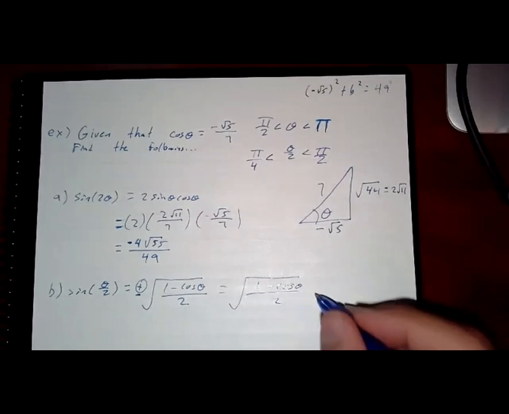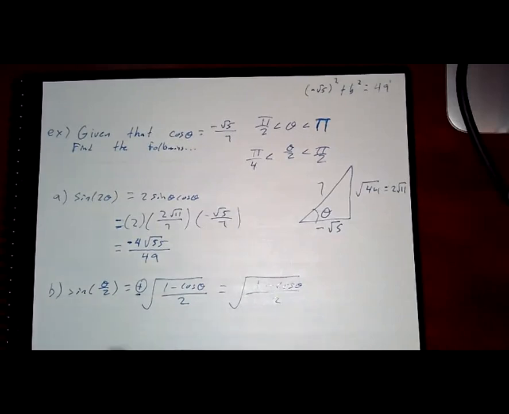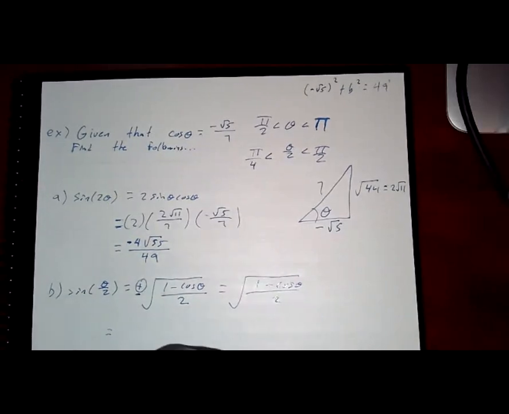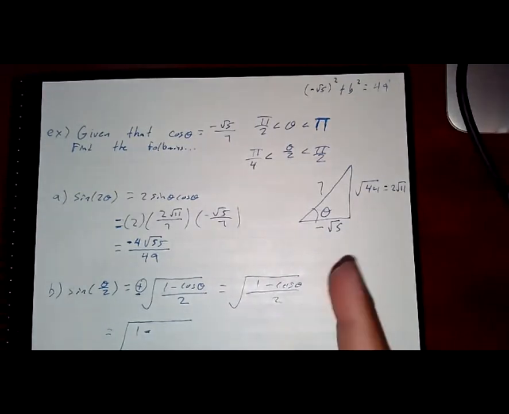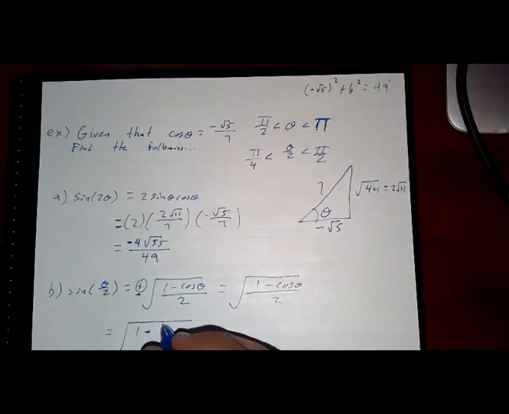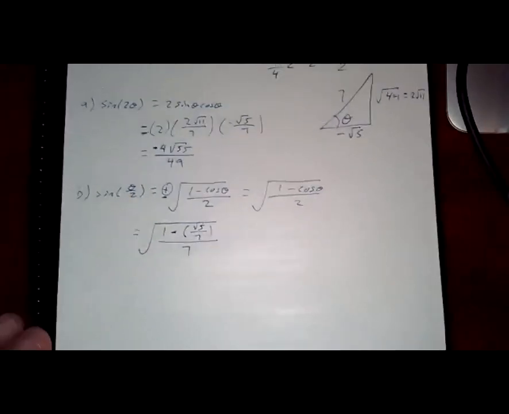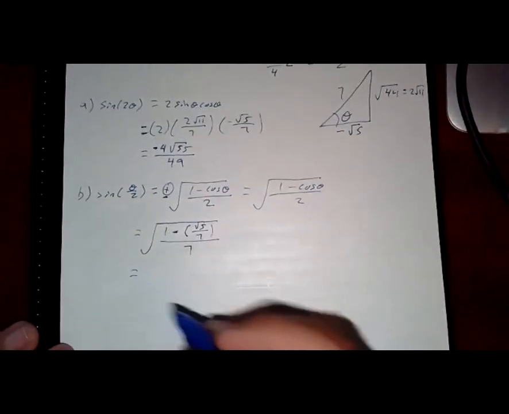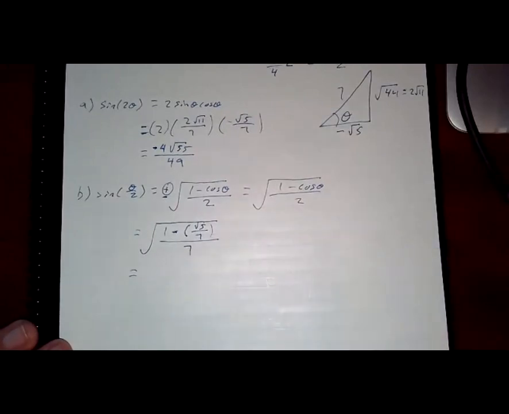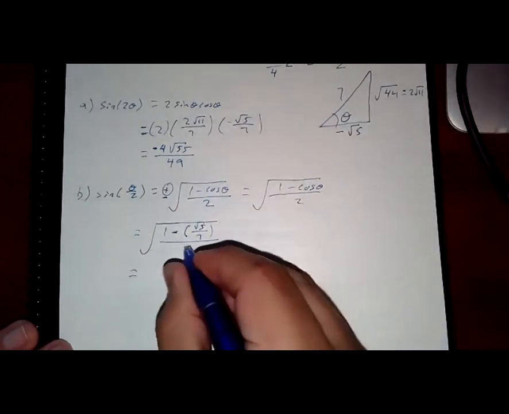Plug in cosine, and that will become 1 minus cosine, adjacent, so that'll be minus a negative root 5 over 7, over 2.